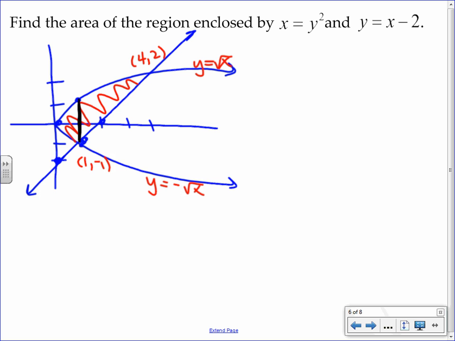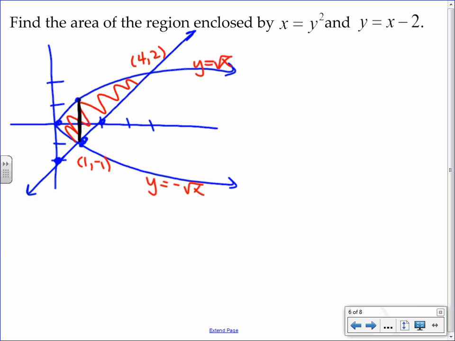Because to the left of this line I just drew, y equals negative square root of x is the lower function. So when we get past x equals 1, x minus 2 is our lower function. So we're going to have to separate this into 2 different integrals.